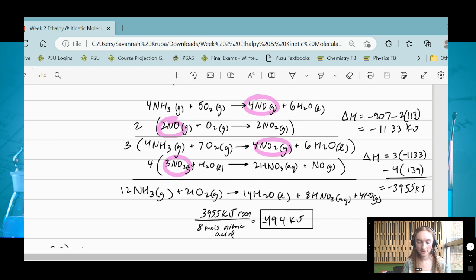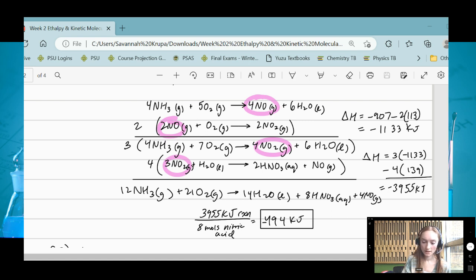So the thing that is repeating, like we stated earlier when we were going through everything, is the NO2 right here. So this NO2 is being repeated, so we'll need that to go away. And the reason why I'm not getting rid of the water is because this is an acid, so we'll need water for that to be created.